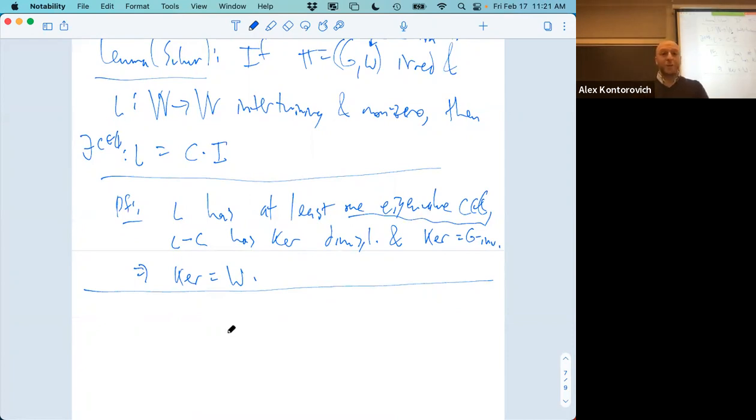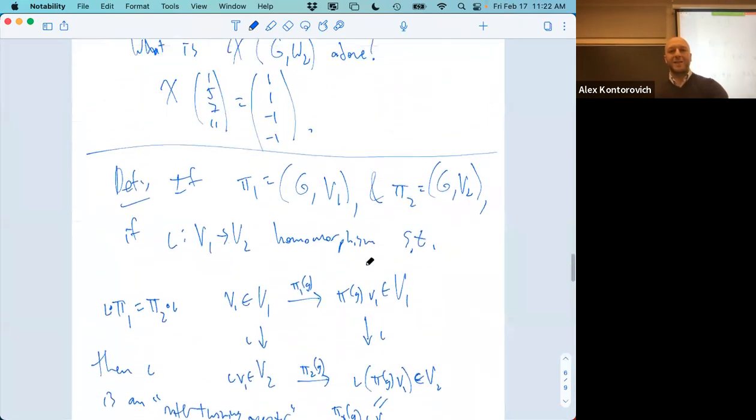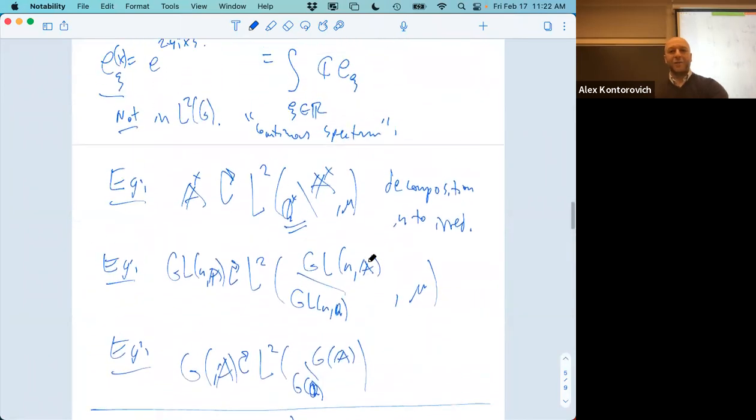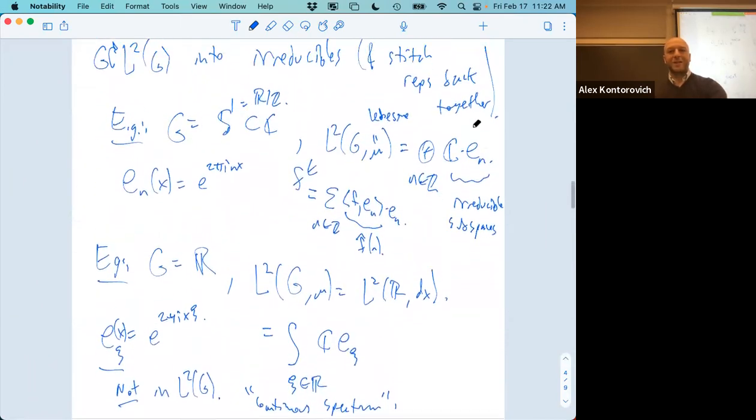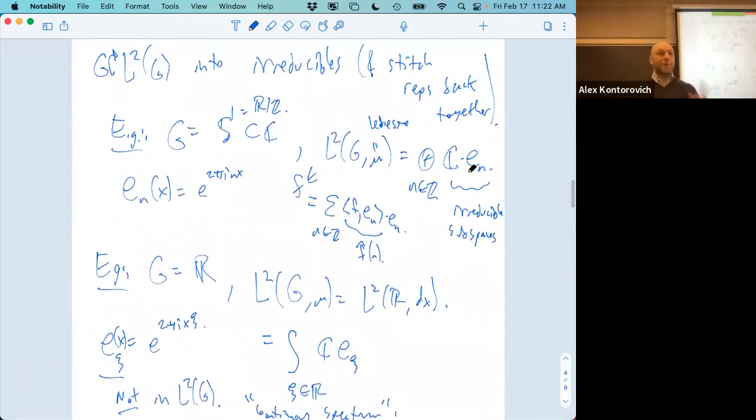Okay, so once we have those two things, now I can prove a corollary: if G is abelian, the reason we had, in all of the Fourier discussion, that these irreducible subspaces are all one-dimensional is because the underlying groups were abelian. The circle is an abelian group, the real line is an abelian group.